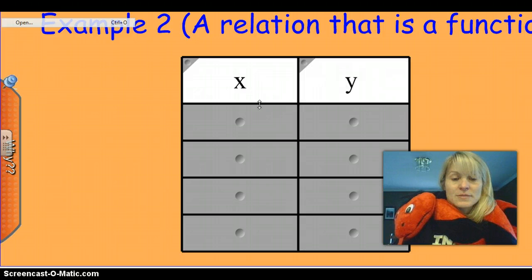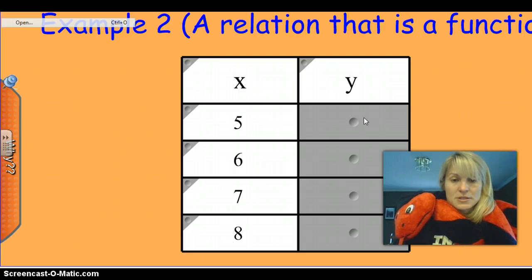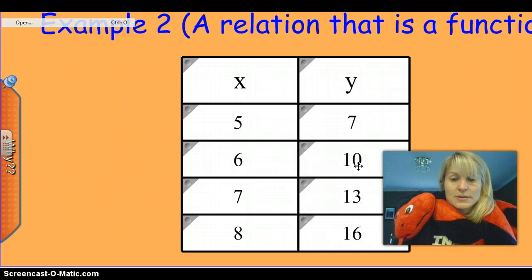So if we look at our x and y values, 5, 6, 7, and 8, none of these are the same. So I already know that this is a function. The y's can repeat. It doesn't really matter what those are. Okay, we just need to make sure that the x's are not the same.